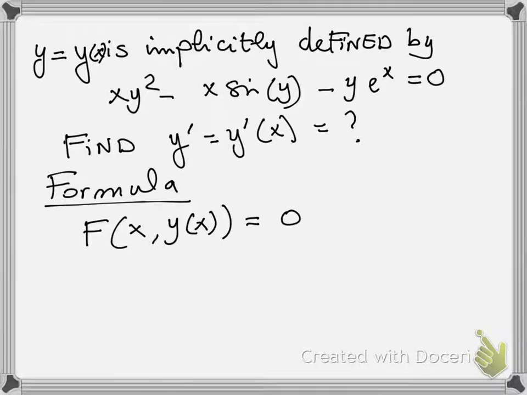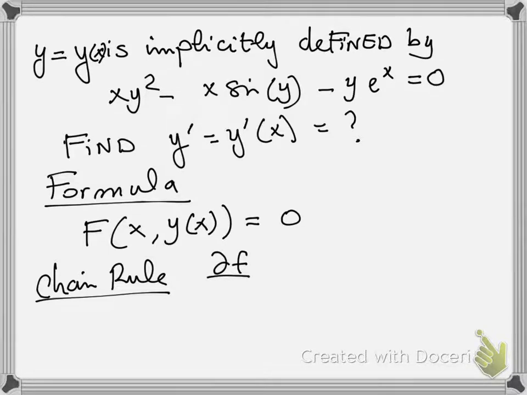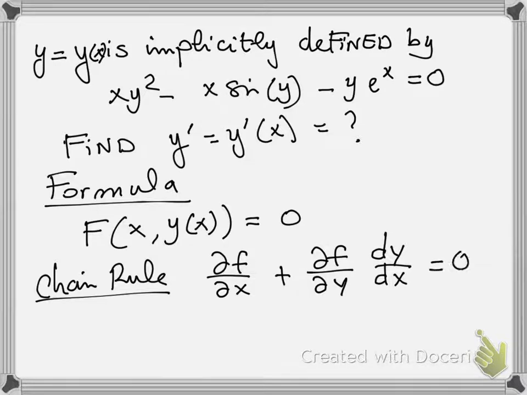So if you apply the chain rule, you know that partial f, partial x, since here the variable is x, times dx dx, which is 1, plus partial f, partial y, dy dx, is equal to 0, because the function f is equal to 0, okay?